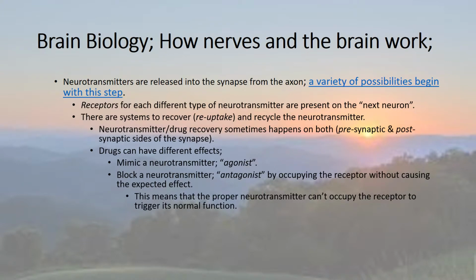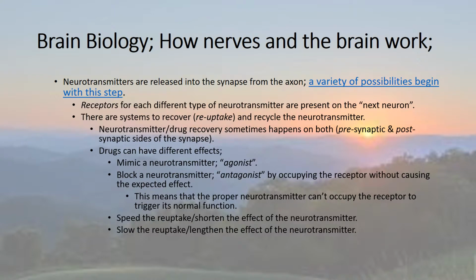Drugs can have different effects. They can mimic a neurotransmitter as an agonist. They can block a neurotransmitter as an antagonist by occupying the receptor without causing the expected effect. This means that the proper neurotransmitter cannot occupy the receptor and trigger its normal function.